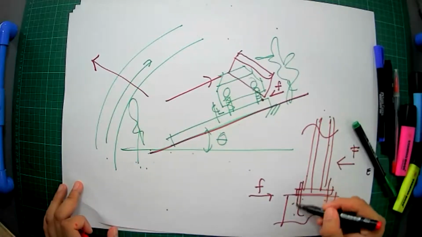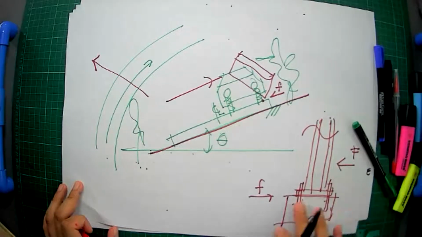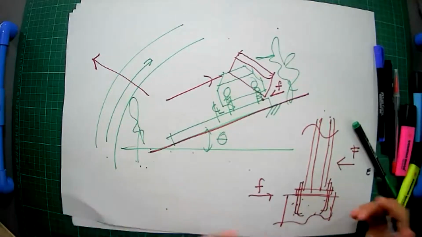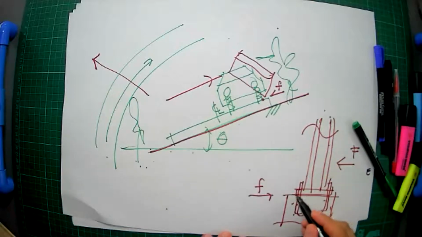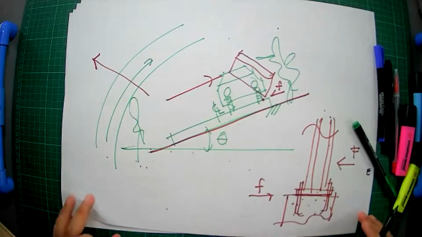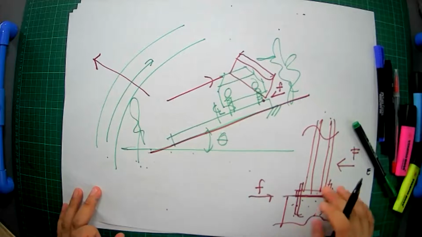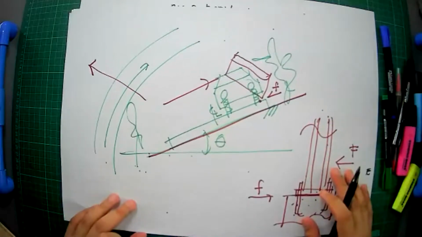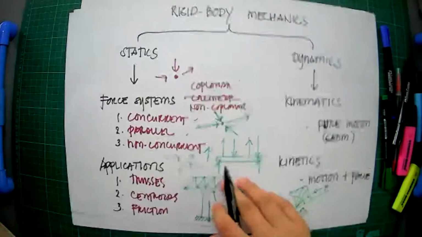So instead of our anchor bolts acting immediately to resist the shearing effect, there is still friction between the base plate and the concrete. So friction is important in our practice as civil engineers.